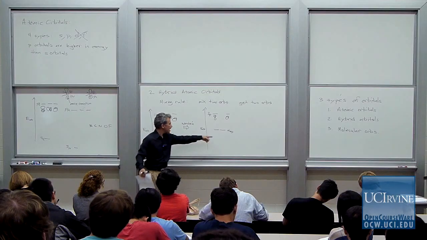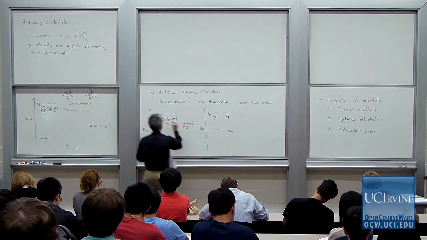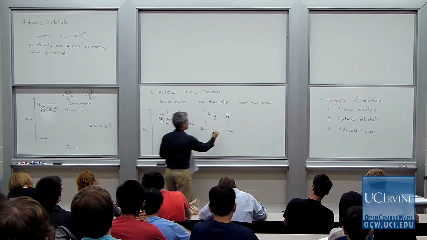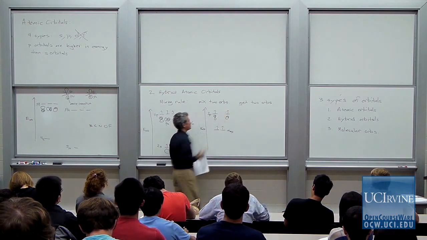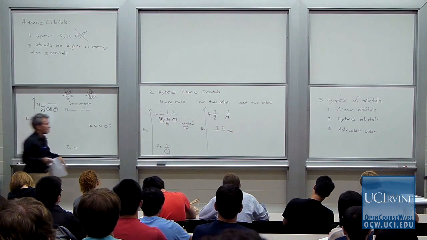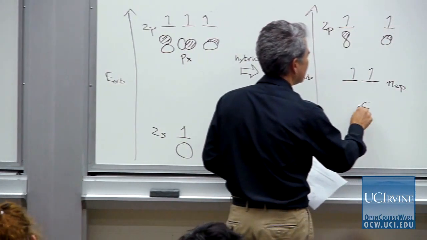And we represent that with this sp symbolism here. So a carbon atom normally has 4 electrons ready for bonding. So now I would have 1 electron in each of these orbitals and 1 electron in each of these p orbitals ready for bonding. And so you know this to be the hybridization, I hope, for something like an alkyne.